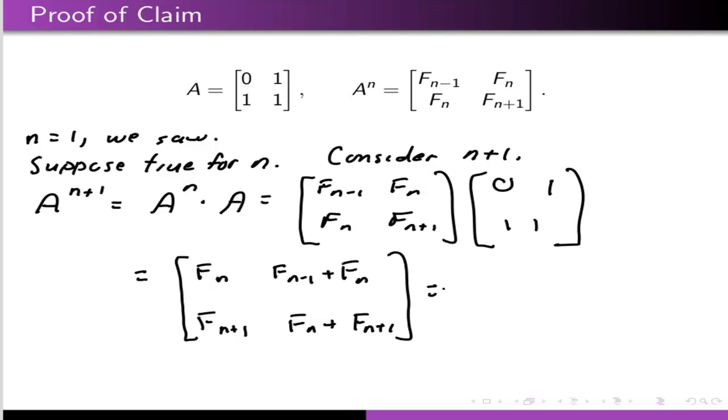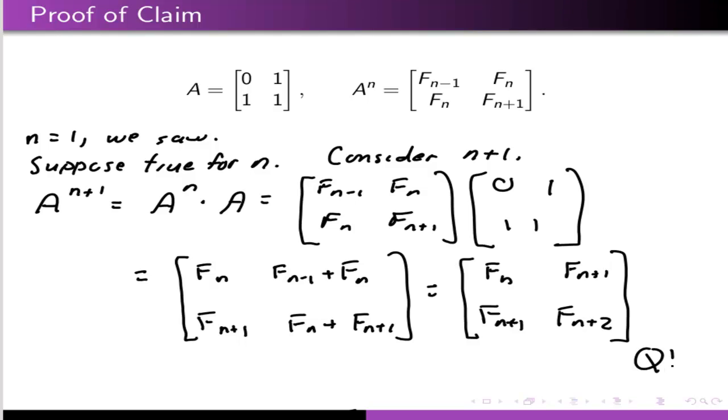But these are sums of consecutive Fibonacci numbers, so this will be the n plus first, and down here we'll have the n plus second. QED. That's exactly the type of form we are looking for with n replaced with n plus 1.